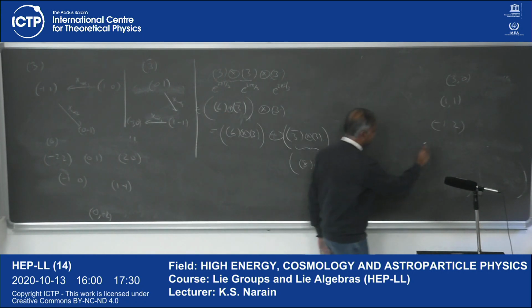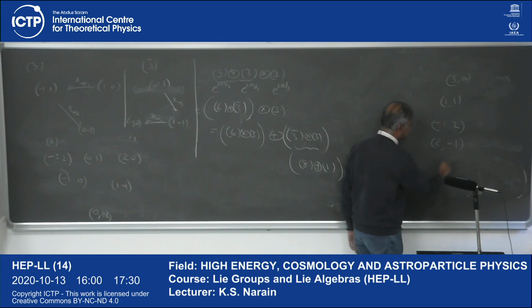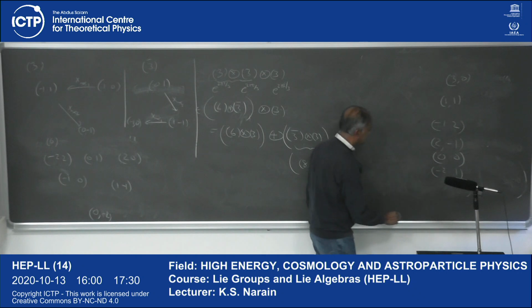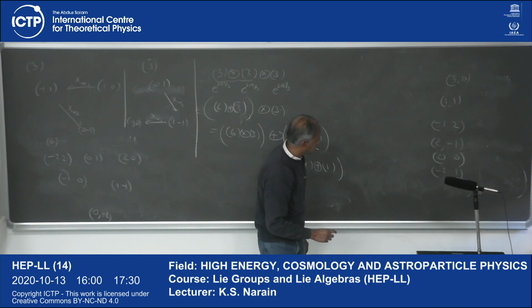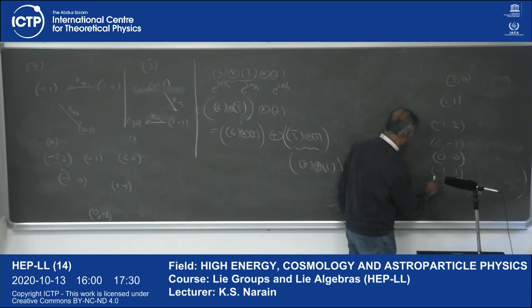Somebody says, okay, 2 minus 1. 0, 0, 0. And minus 2, 1. Minus 2, 1. Only the opposite, 1 minus 2. The 1 is on the left. 1 here. 1, yes, 1 minus 2. 1 minus 2, okay.